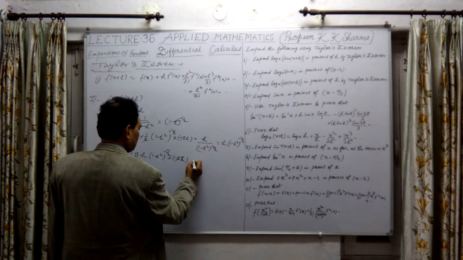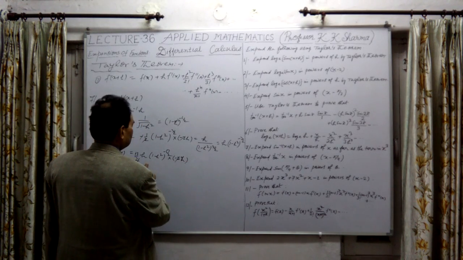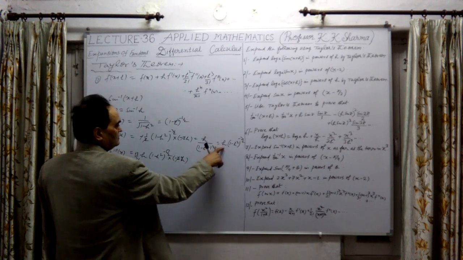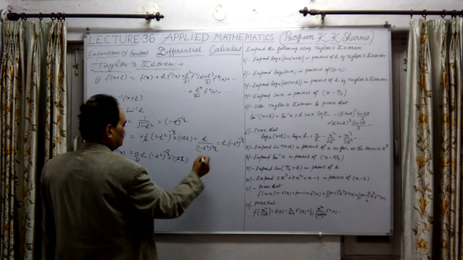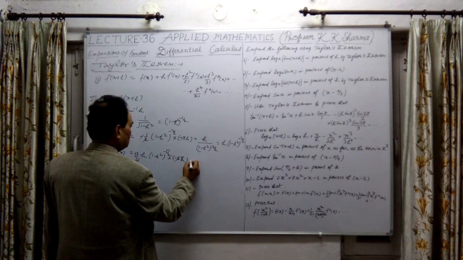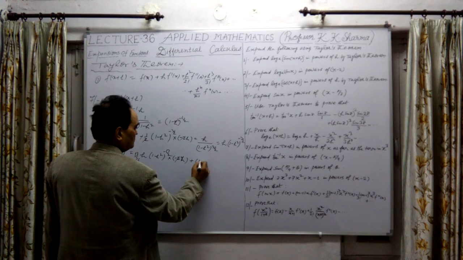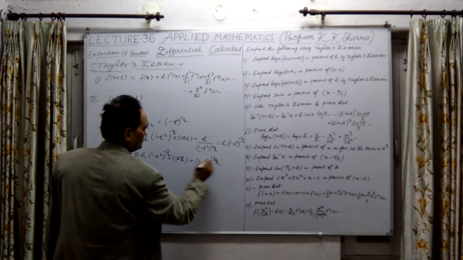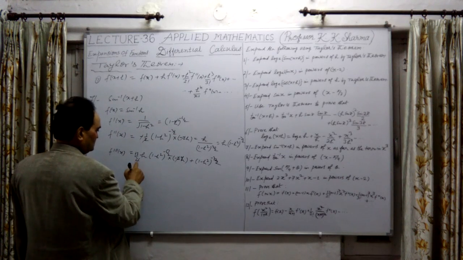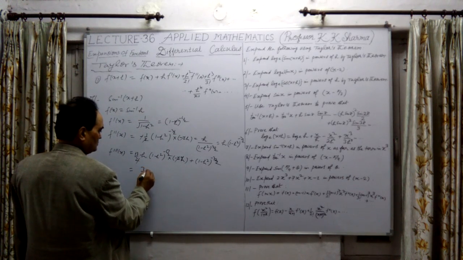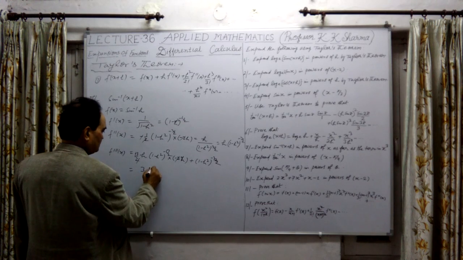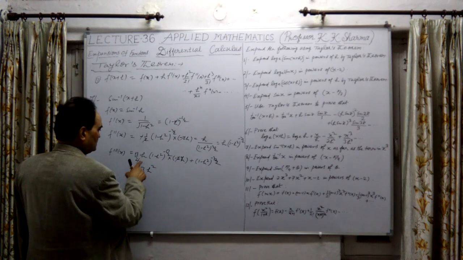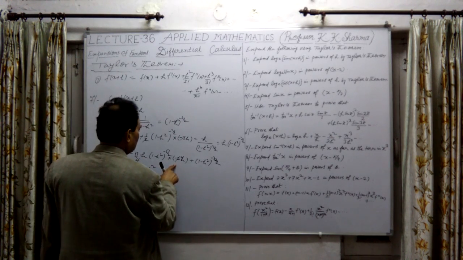Sorry, this is plus sign, because we still have to differentiate h. The differentiation of h is 1. This is plus sign (1 minus h square) whole power minus 3 by 2. So that means this 3 into h square, this is with plus sign.